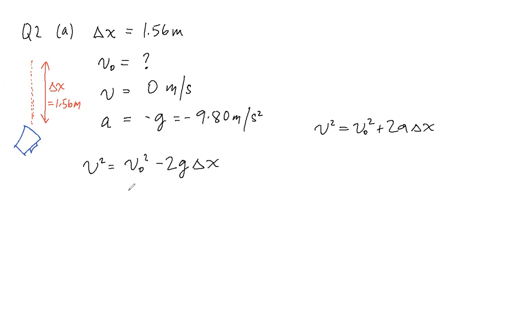So if we plug in 0 for v, we have 0 is equal to v0 squared minus 2g delta x. Now we can solve for v0, so add this quantity to both sides. So we get v0 squared is equal to 2g delta x. And now we can take the square root of each side.